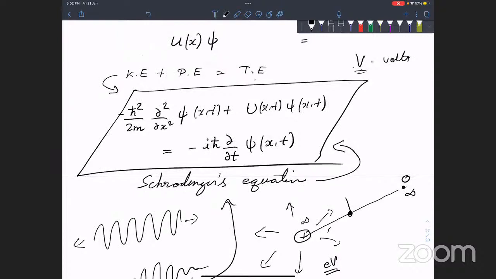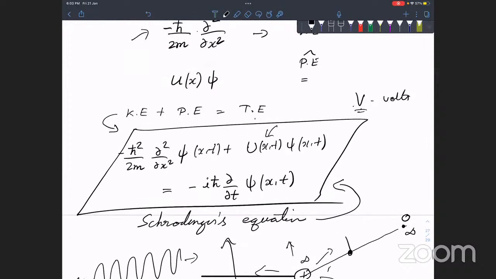Now it becomes a matter of applying a given potential, and then finding out what kind of wave functions will satisfy that particular potential distribution. This is exactly what we're going to do in continuing classes. It will become slightly more mathematical. We'll consider different kinds of potentials and see what kind of wave function satisfies those potentials.